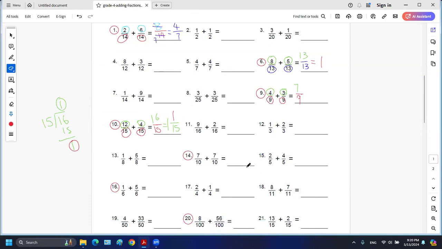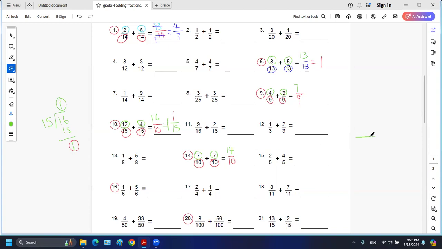Question number 14. 10 and 10 is 10. 7 plus 7 is 14, which is bigger than 10.